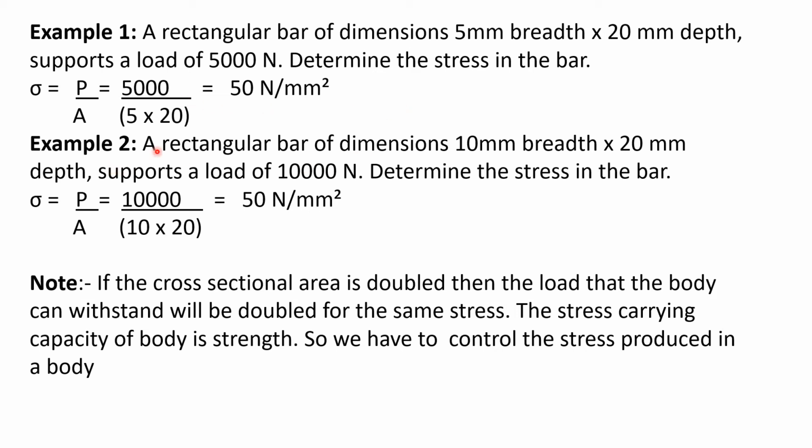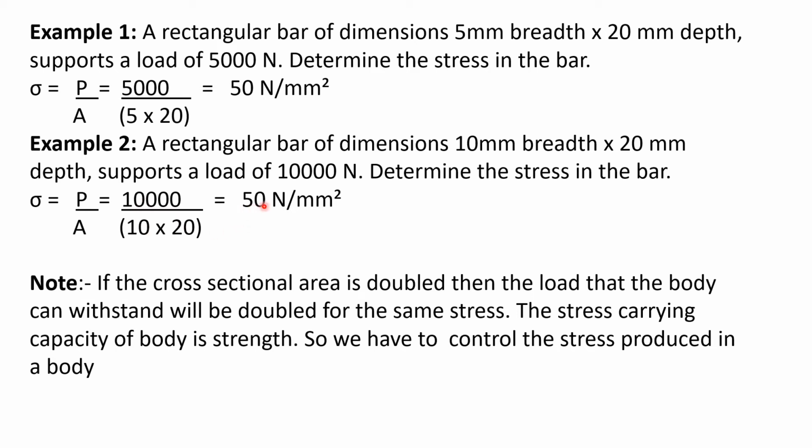Now take a second example, a rectangular bar where I am increasing the breadth to 10 mm and the depth is 20, and it supports a load of 10,000 Newton. Now what is the stress? Again it is P upon A, so this becomes 50.